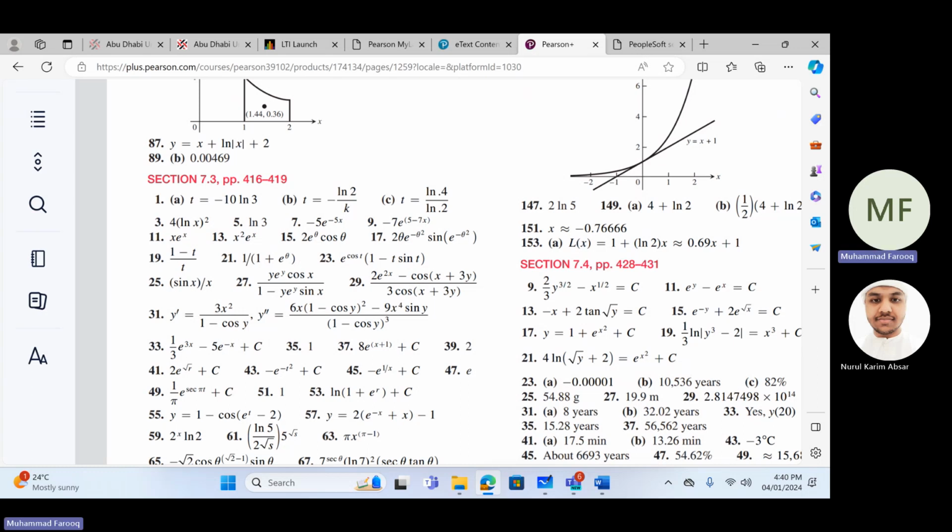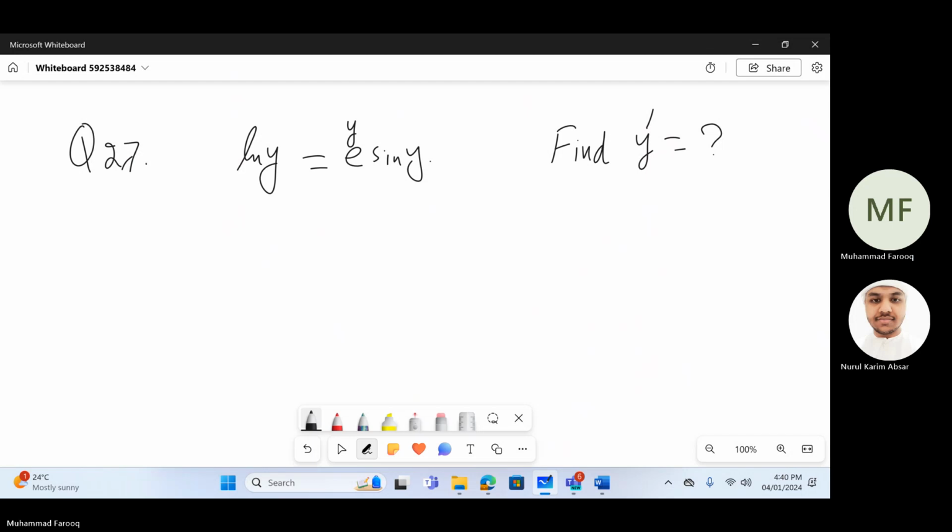So, let's try this question. It's very clear here because you have a combination of two variables, y and x. Now we have to take the derivative on both sides because our target is y prime.